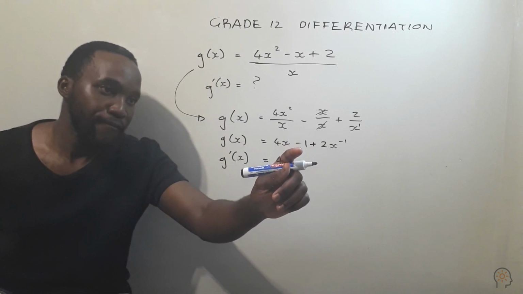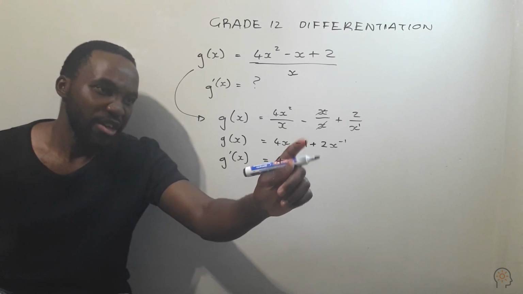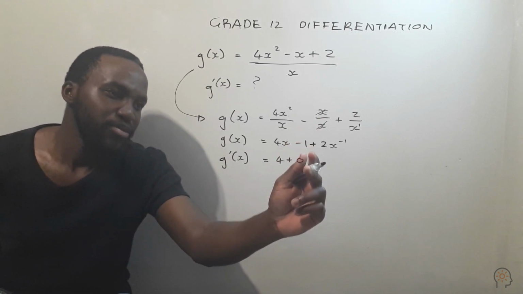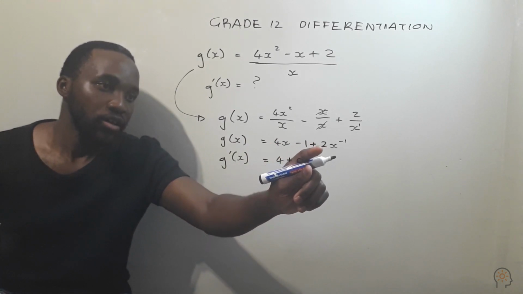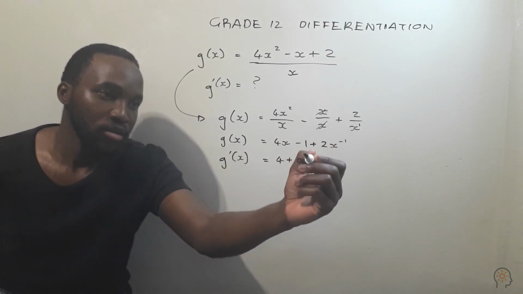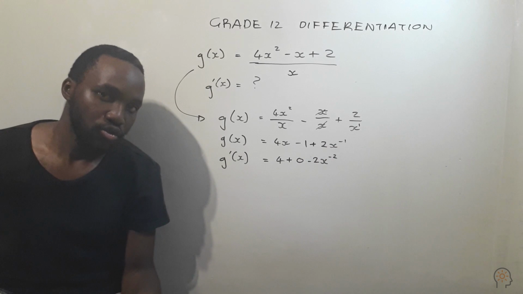So here where we have a negative 1, there we can just put a 0 there as a placeholder. And then here now we're going to have 2 multiplied by negative 1. That's going to be negative 2 in the front. And then negative 1 minus 1, that's going to be negative 2.